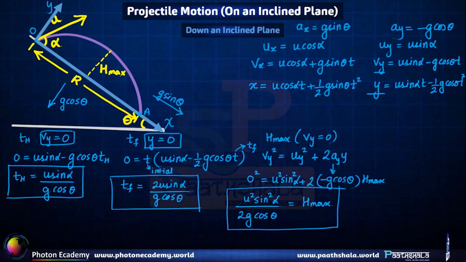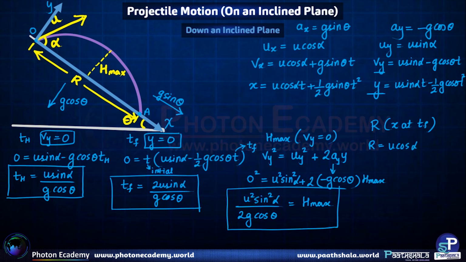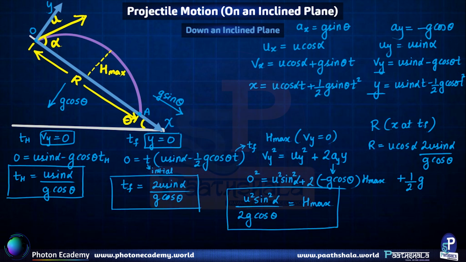In order to find the range, we again use the same logic, that range is nothing but x at time of flight. So the range now happens to be equal to r is equal to u cos alpha, and what is the time of flight? Time of flight is 2u sine alpha upon g cos theta, so u cos alpha into 2u sine alpha upon g cos theta, plus half g sine theta.